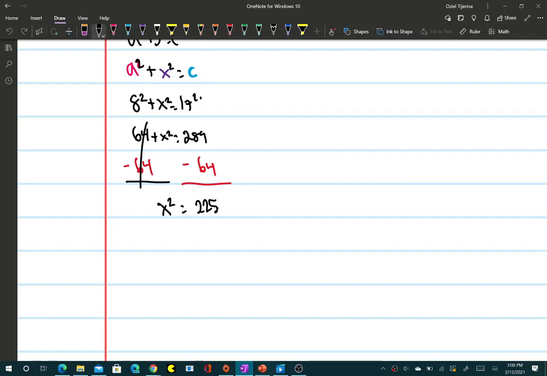So we would take the square root of both sides. This would be x equals, and first you would say plus or minus, and the square root of 225, I think, is 15.